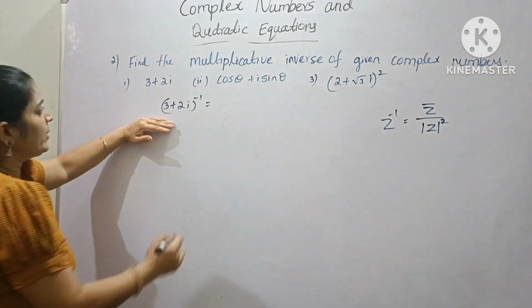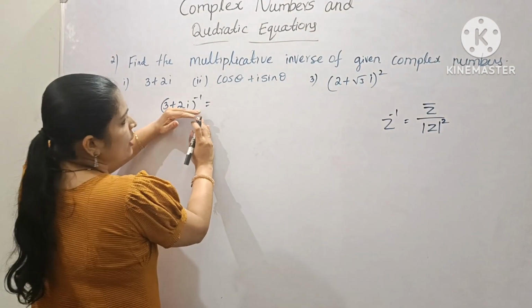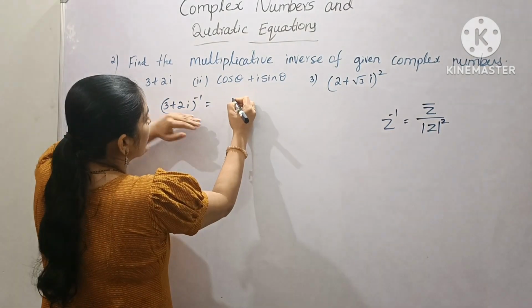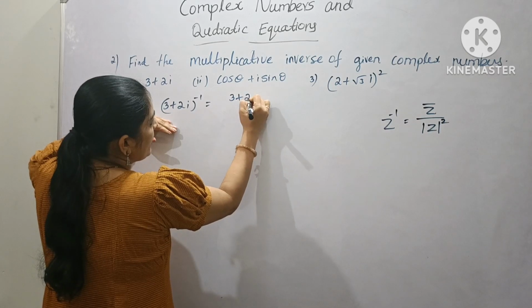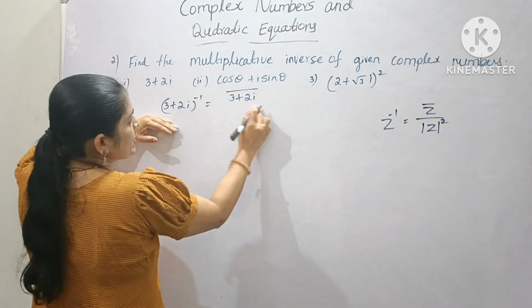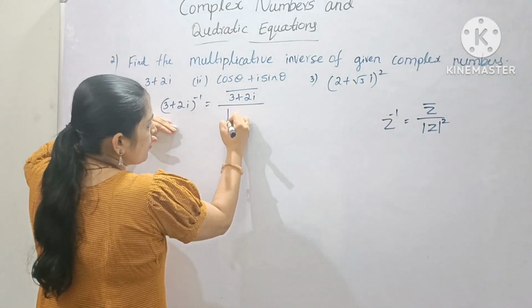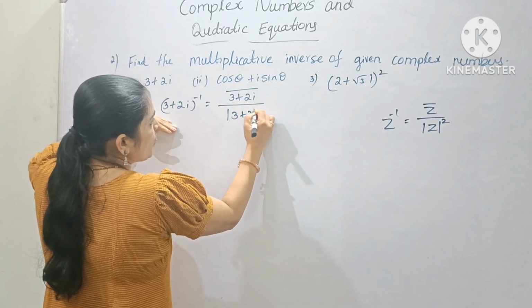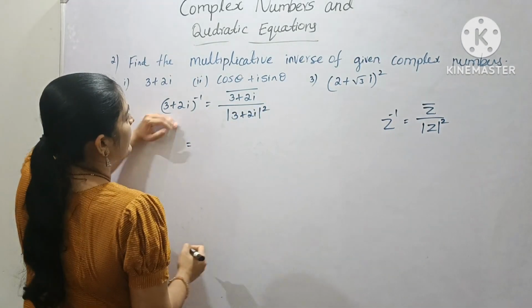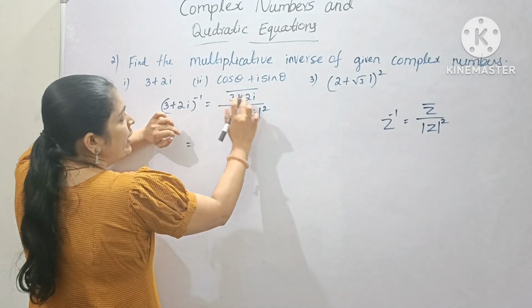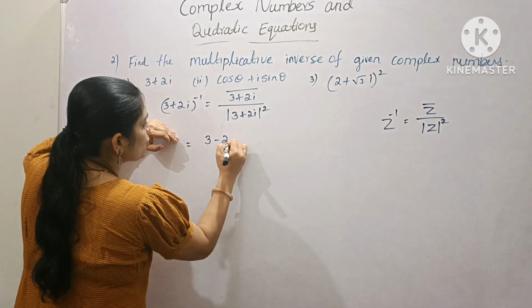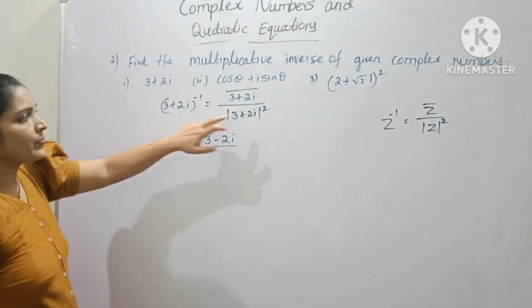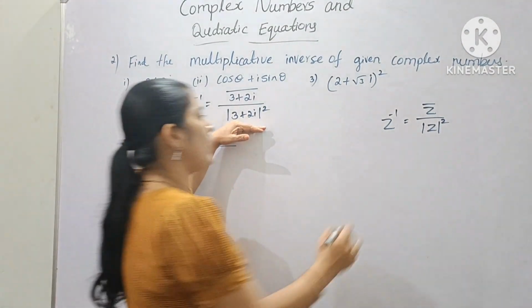Okay, so here (3 + 2i) inverse is the conjugate of 3 + 2i divided by |3 + 2i|². That is, the conjugate of 3 + 2i is nothing but 3 − 2i, divided by, what is the modulus of z?